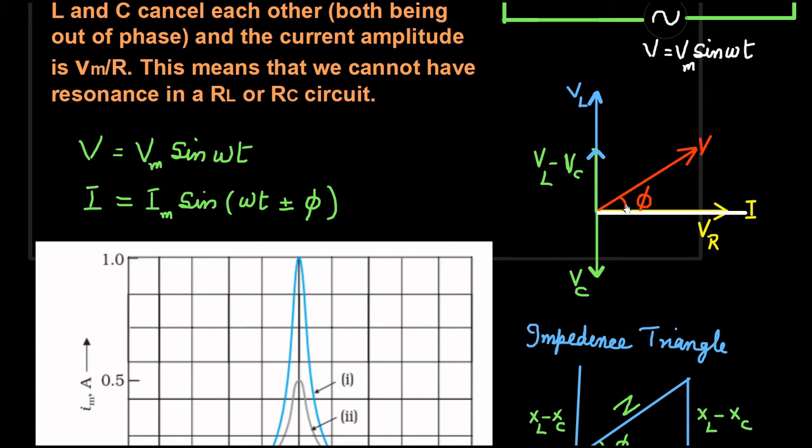Whereas if it is a capacitor dominated circuit, VC is larger than VL, so the resultant must be VC minus VL. So the resultant vector V must be lagging behind current by a phase phi. So in effect, the current can be represented as I equal to Im sin omega t plus or minus phi.